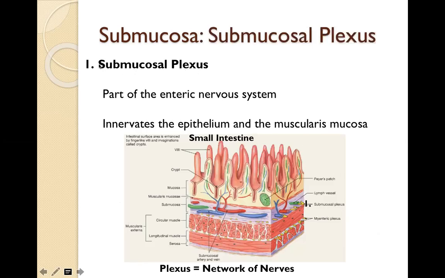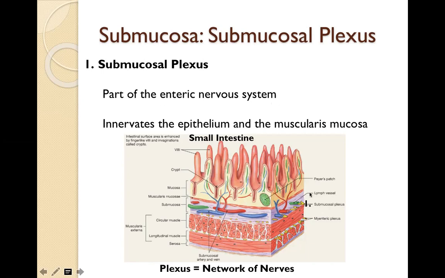This is actually a part of a branch of the nervous system called the enteric nervous system. Enteric just refers to intestinal and gastrointestinal. If somebody has gastroenteritis, it's an inflammation of their stomach and intestine. So enteric just refers to the gastrointestinal system. It's actually a branch of the nervous system that you may not have heard of before.